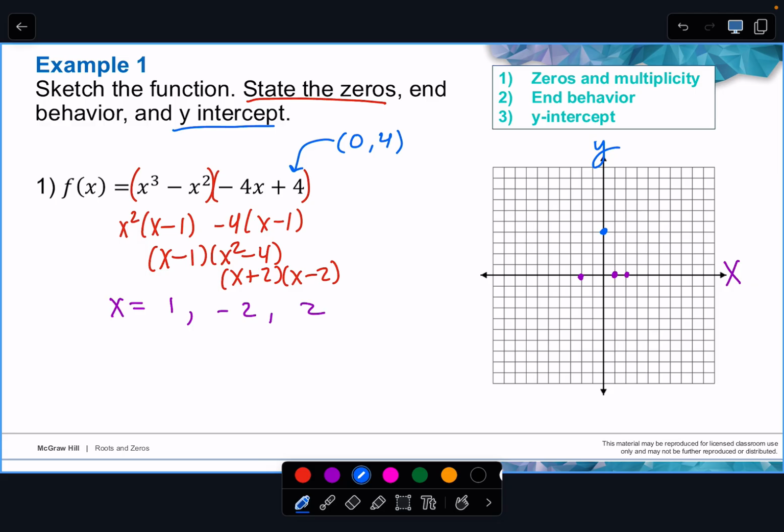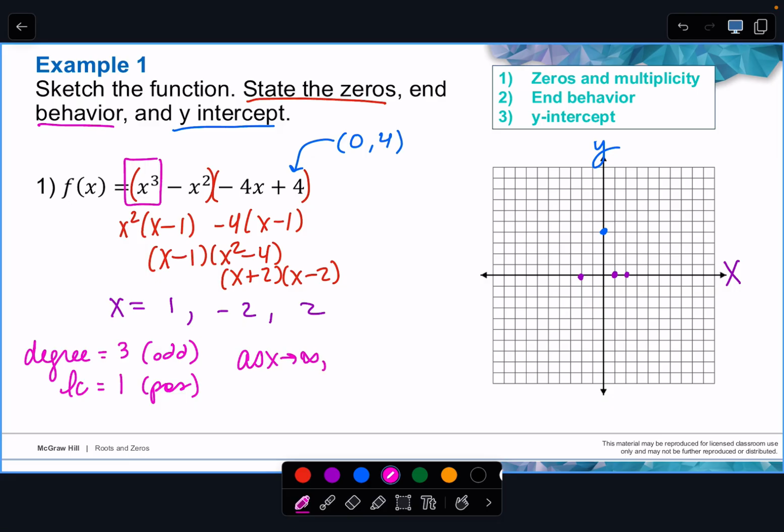The y-intercept is always the number without an x. No math to do there. The end behaviors then, you go back to your original problem, look for the highest degree. So our degree is 3, which is odd. Our leading coefficient, the number in front of that, it's invisible, it's a 1, that's positive.